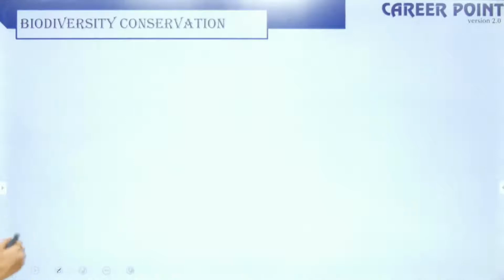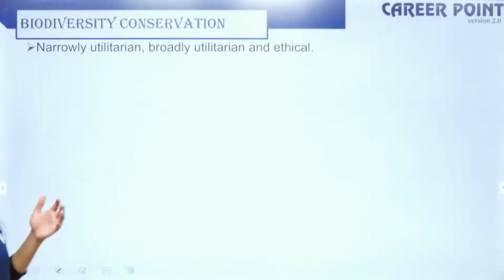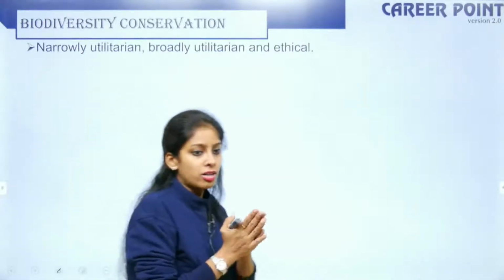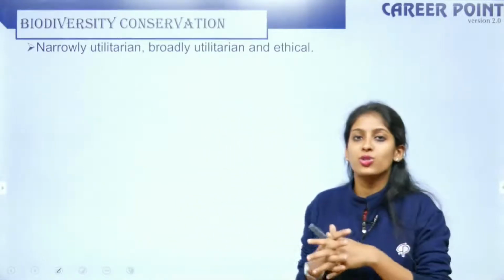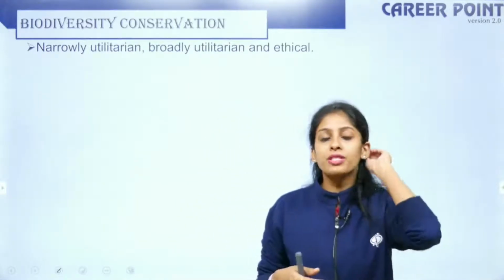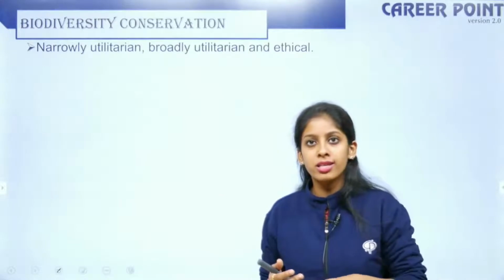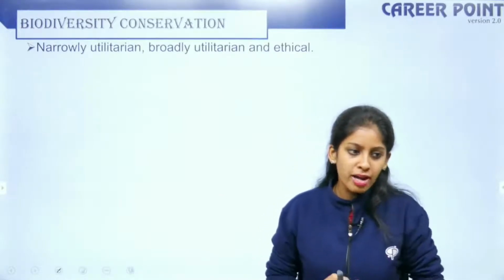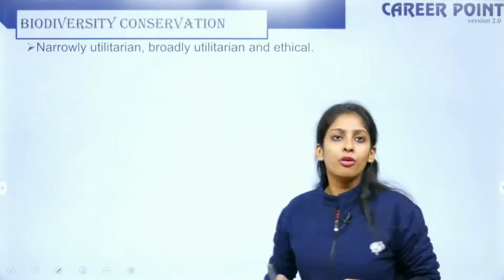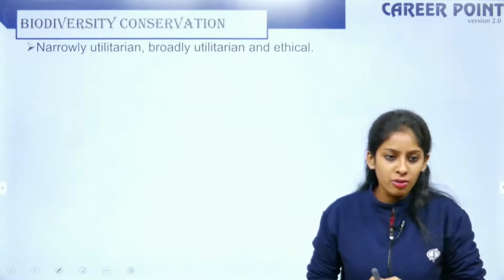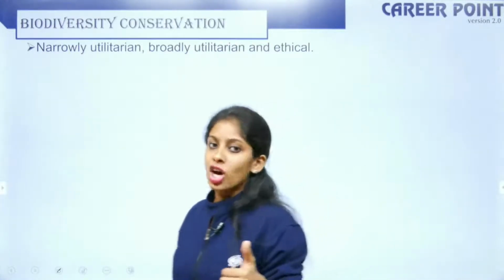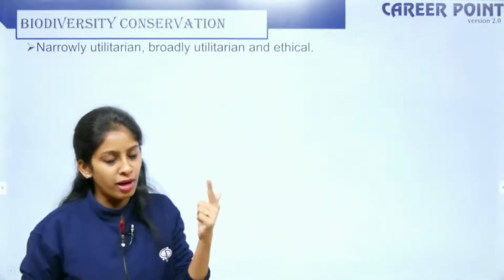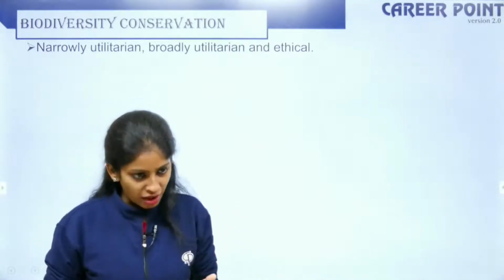So how do you conserve biodiversity? So long I was teaching you about the importance of biodiversity. What happens if you have a loss of biodiversity? How are we losing biodiversity? Everything. But at the end of the day, how are you going to conserve it, right? So the main cause, you can say, started with your habitat loss and fragmentation.